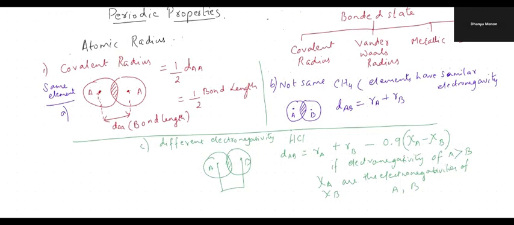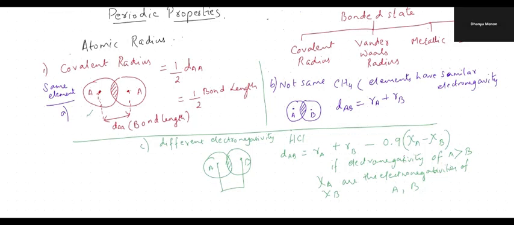So students, this is the covalent radii. If the covalent bond is formed between atoms of the same element, if the sharing of electrons takes place between the same elements, it is half of the distance between the nuclei of two covalently bonded atoms of the same element in a molecule.